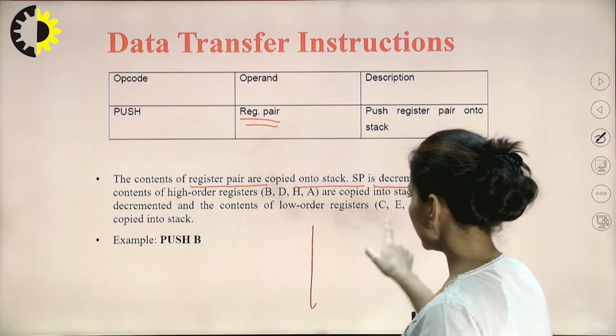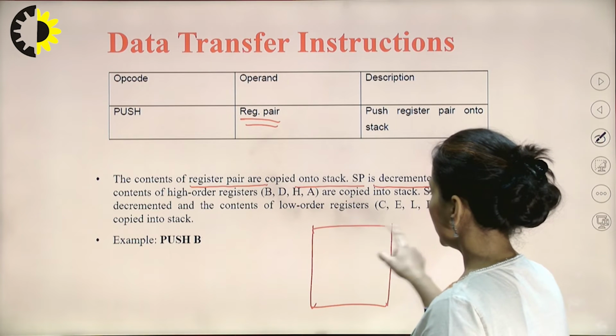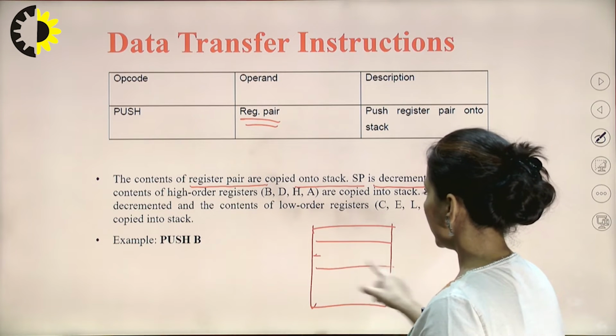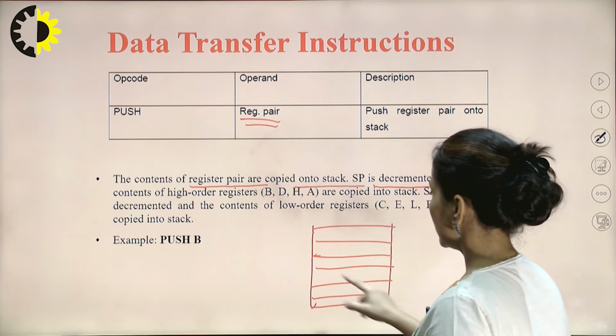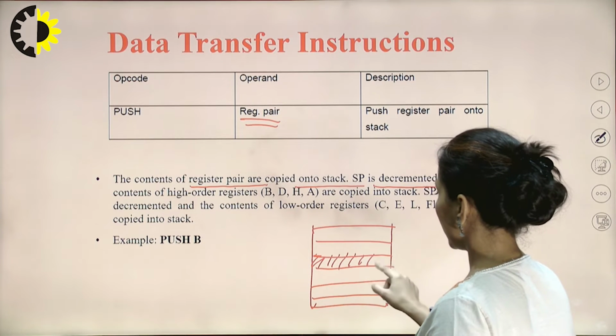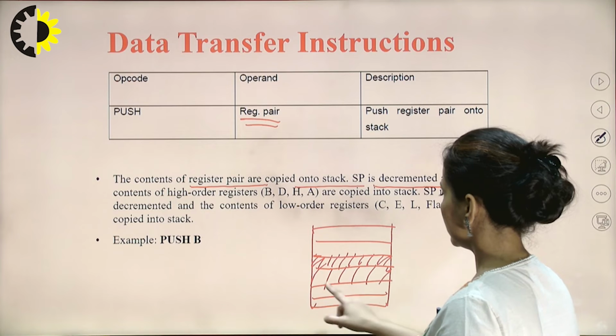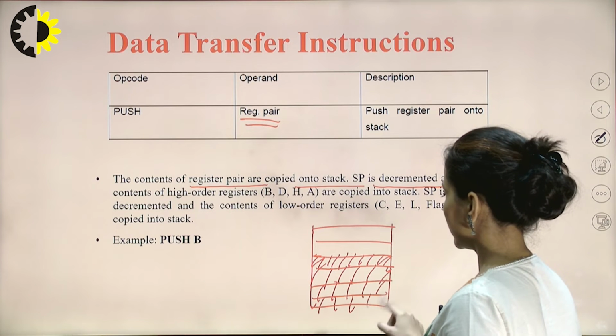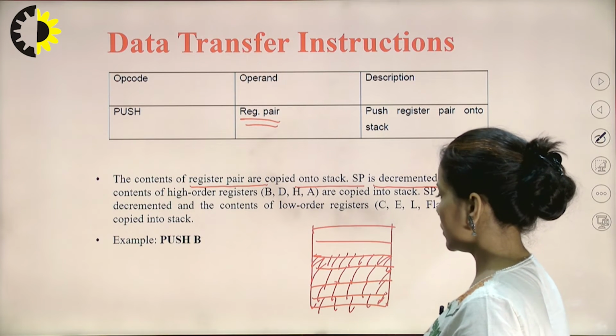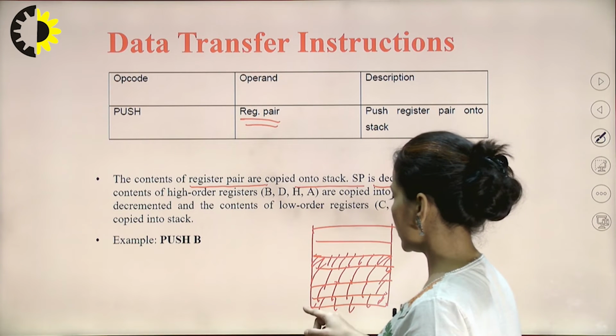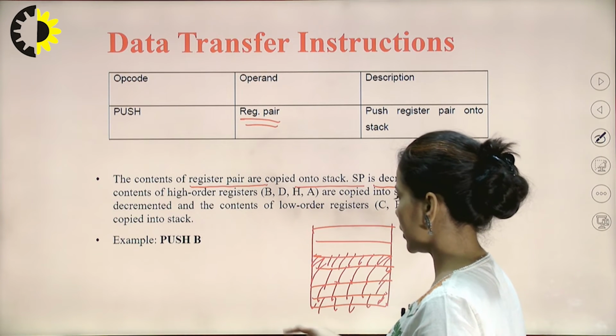Suppose this is the stack, and it is filled up to here. So the contents of the stack pointer go in the opposite direction.